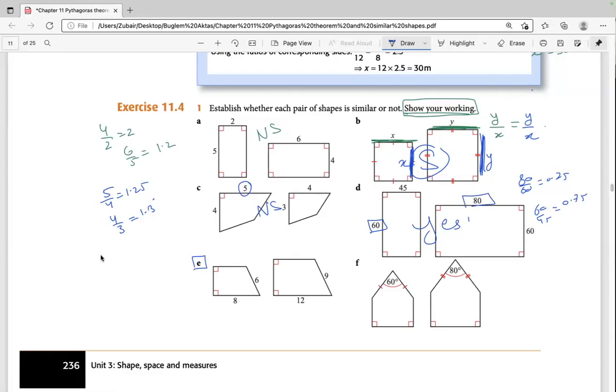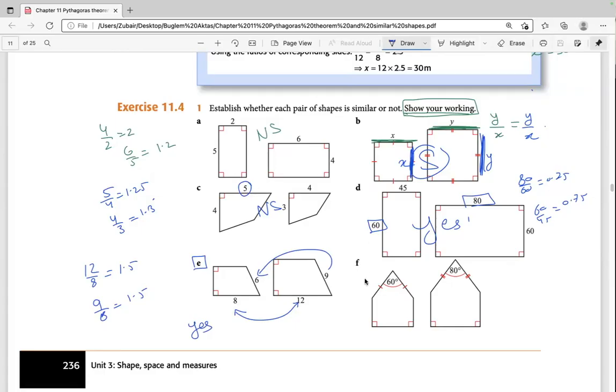Very good. 6 divided by 9 and 12 divided by 8 is 0.6. Longer side by longer side and shorter side by shorter side. So ratios are same and we can see these 90 angles are same. So it is similar.